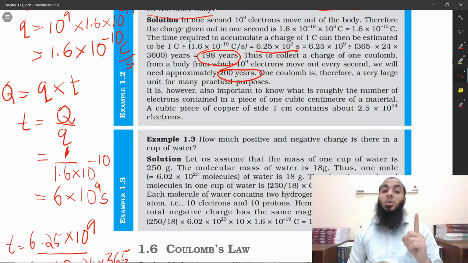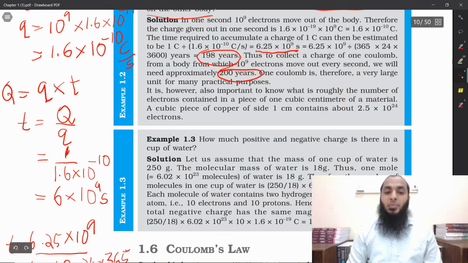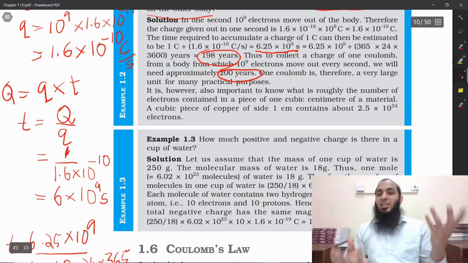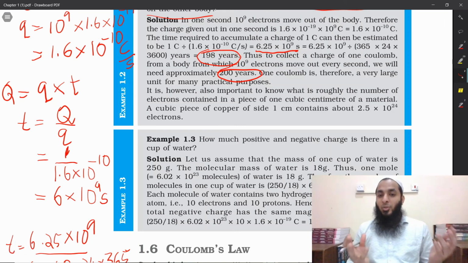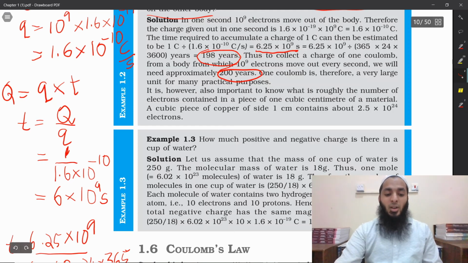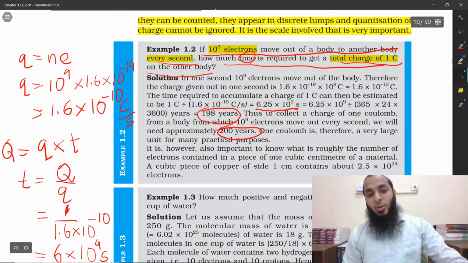Again, it's not like 10 raised to 9 and 10 raised to 24 have only a 15 difference. That's not how it is. It's like a 15 zero difference. So this is 25 followed by 23 zeros. That's a huge number.